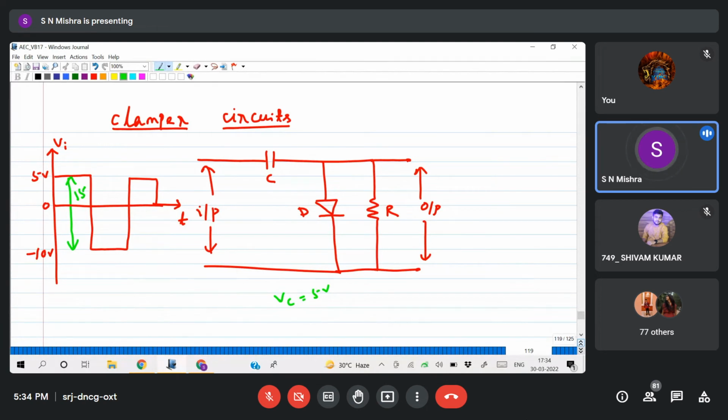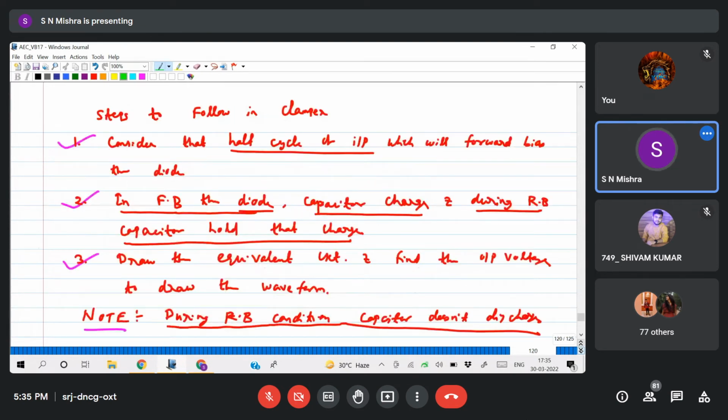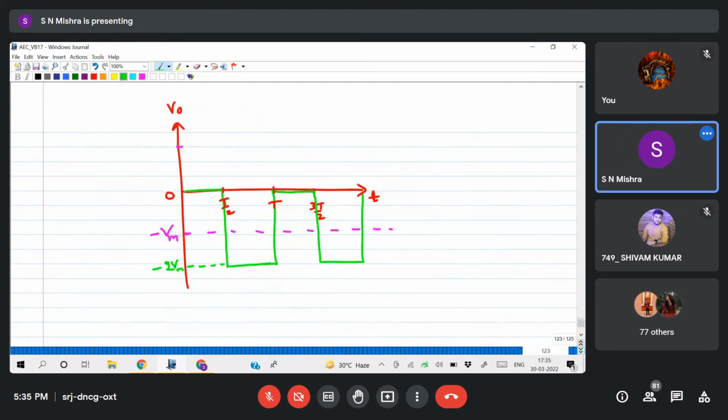So you can verify: VC, I am giving 5 volts, so VC will be plus 5 and V naught will be 0 volt. Then in the negative half cycle, your minus 10 and this 5 gives minus 15. 0 to minus 15 means the graph will be 0 to minus 15 as we have discussed here, only the label will change to 0 and minus 15.